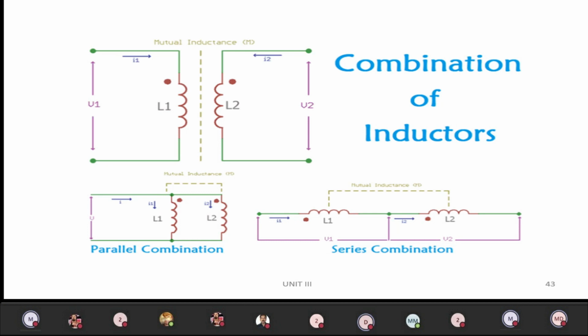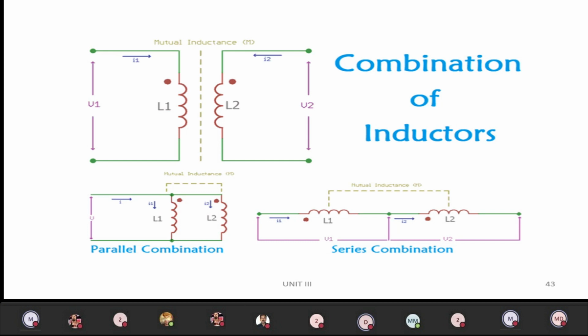Similarly, we cannot simply say this for two inductors in series, with L1 and L2 along with that, we have the mutual inductance effect also. That's what we represent with the dot here. If the dot is at the same end, L1 at the start and L2 also at the start, then we say it is aiding.